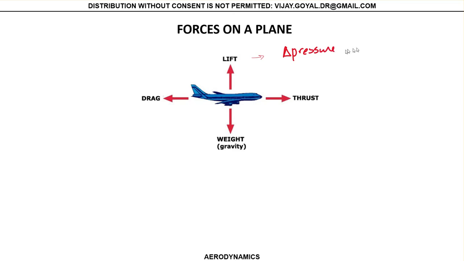If it's positive, then it is the lift. If the lift is positive, your airplane goes up. If the lift is negative, it goes down. And this is the weight of the aircraft, basically.